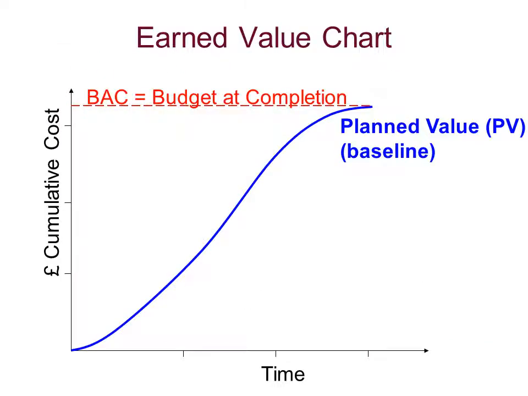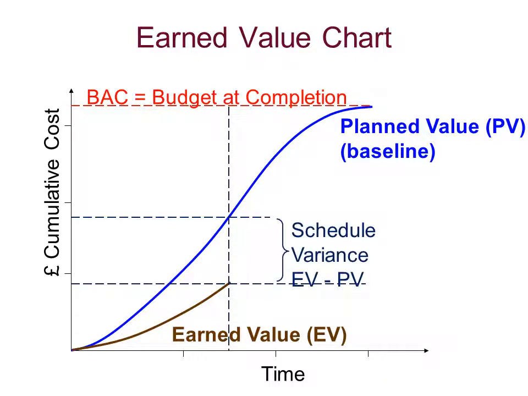Okay, so we can show this diagrammatically. We have a planned value or baseline, an earned value, how much we've actually achieved, and the schedule variance, the difference in how we're performing in terms of progress, is earned value minus planned value.